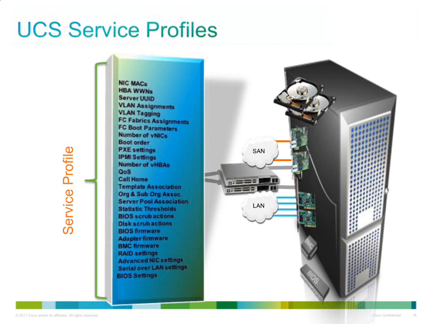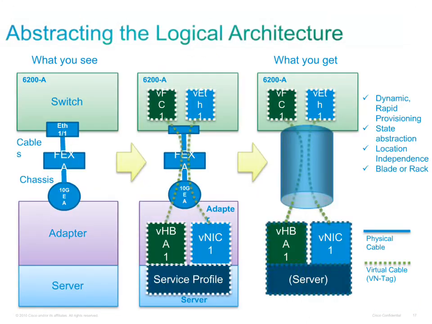Another capability that comes out of this abstraction, and another piece of the unified computing system that we'll discuss in the subsequent slides, is the ability to create a unified fabric, a single fabric that enables all server traffic, whatever you might need.